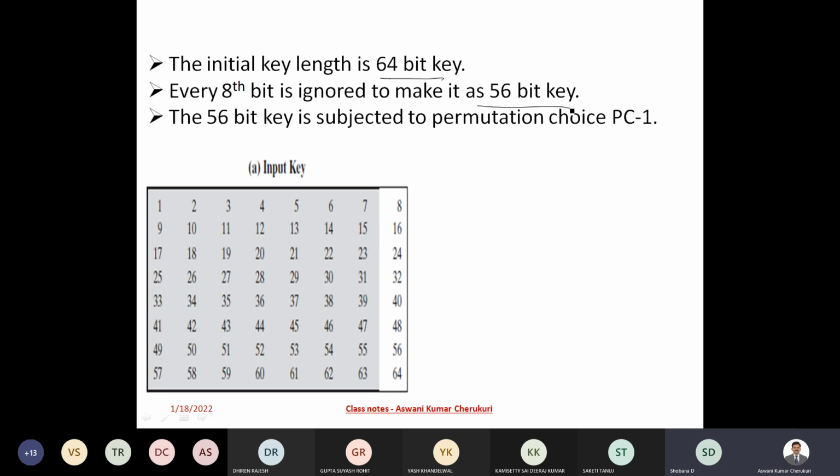How is it done? It is done by omitting every 8th bit in the key. So you see 8th, 16, 24, 32, 40, 48, 56, 64. Totally 8 bits are omitted, or you can say truncated. The remaining bits form the 56-bit key.